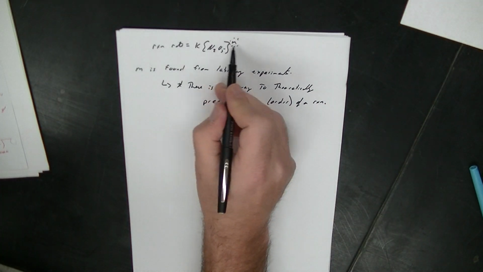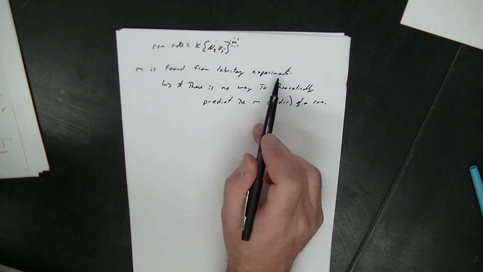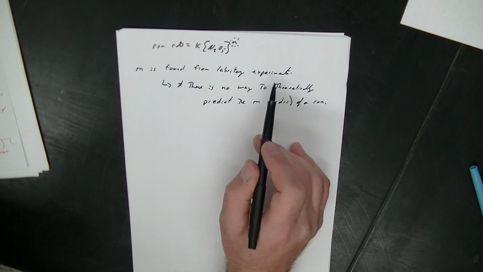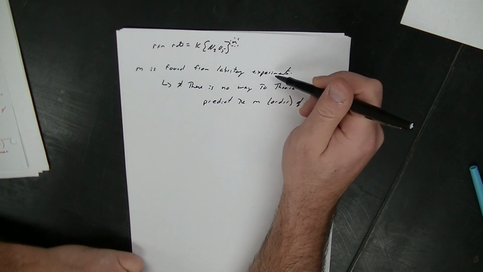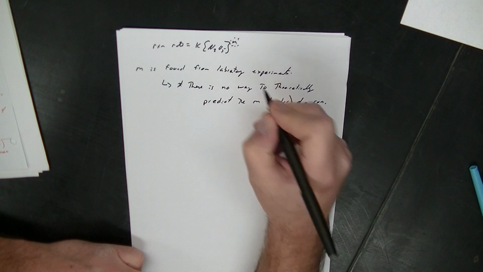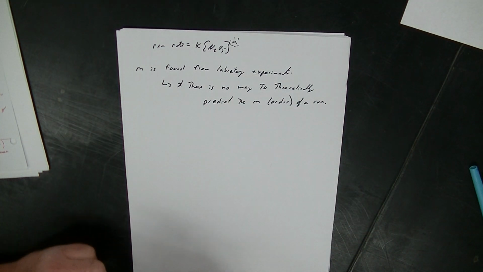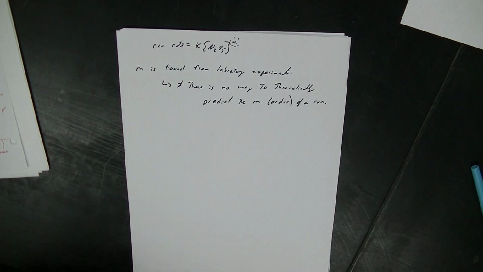So the only way we can figure out M is by actually doing the reaction and taking some times and concentrations and things. You can't just calculate it somehow, right? You need lab data. Laboratory experiments.